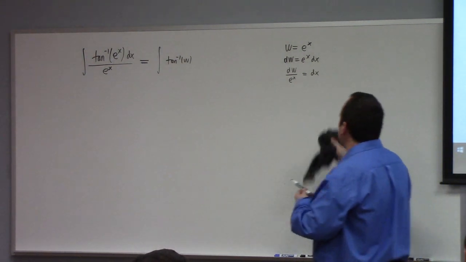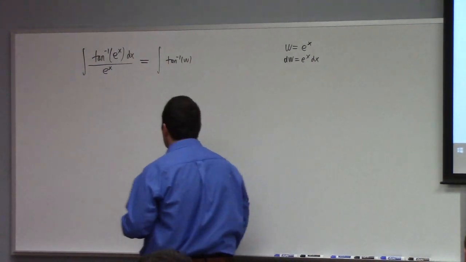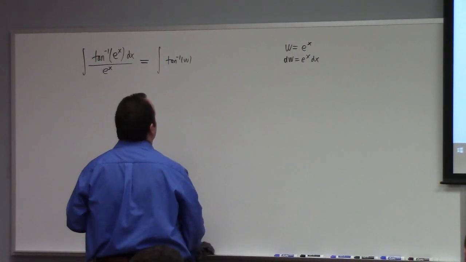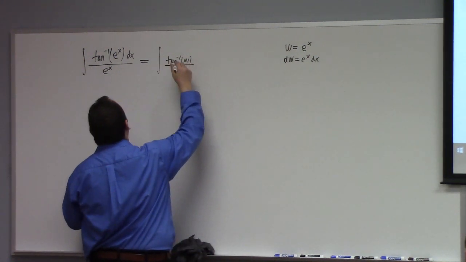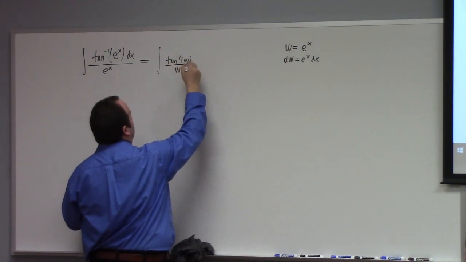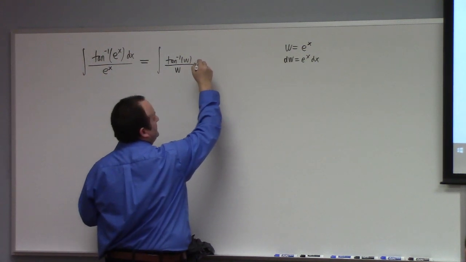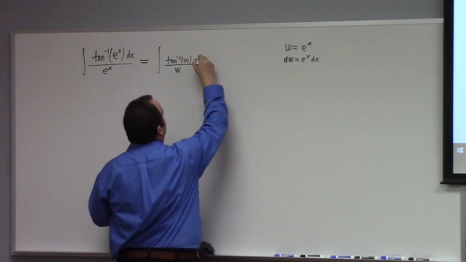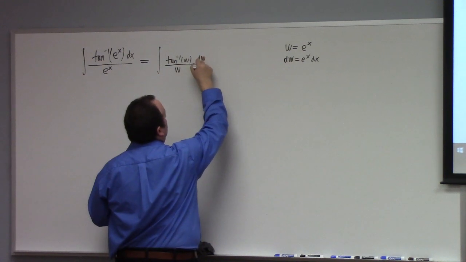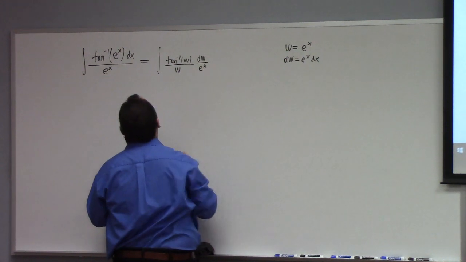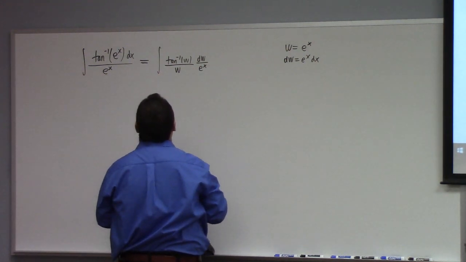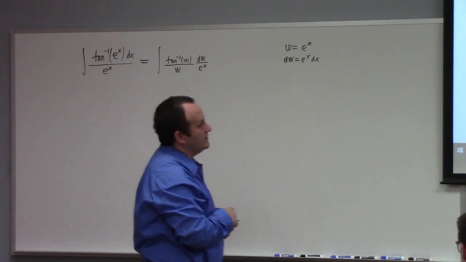What should we do here? I'm thinking kind of slow today. I'm going to write down w, and then what's my dx? Yeah, dw over e to the x. Well, that didn't help. Didn't help at all.